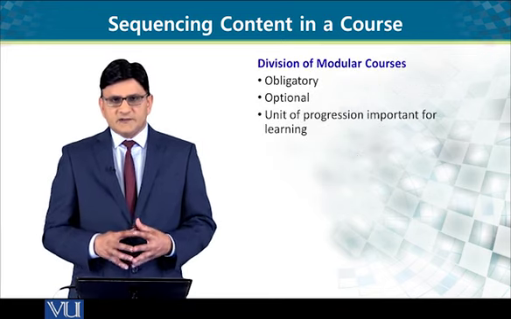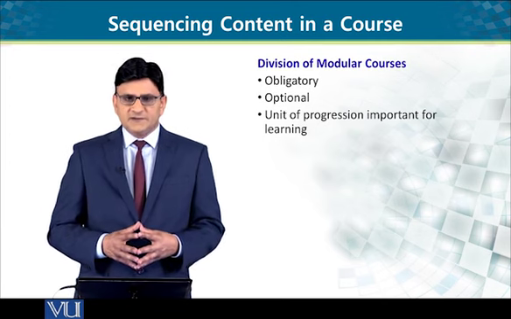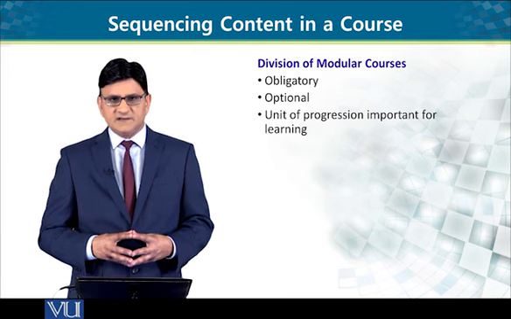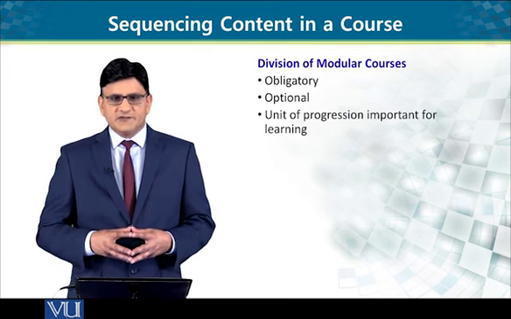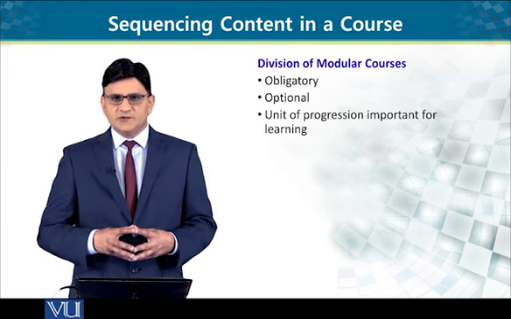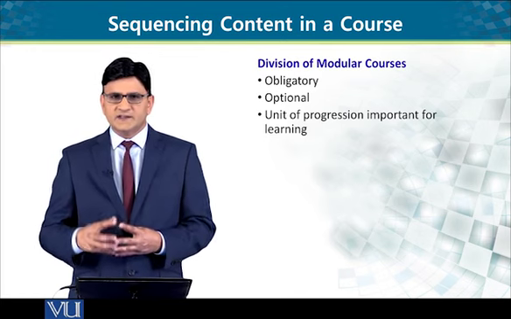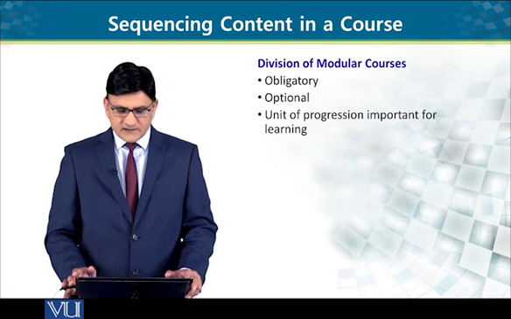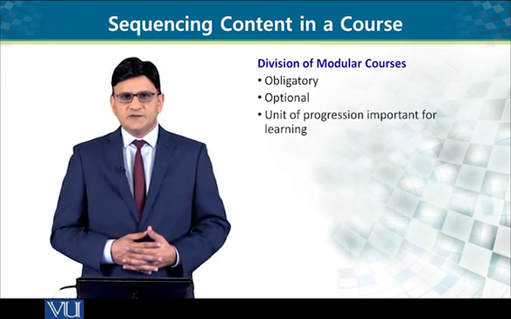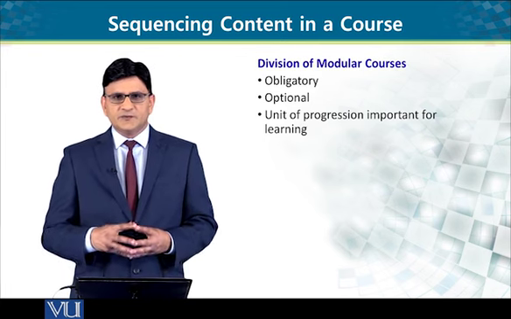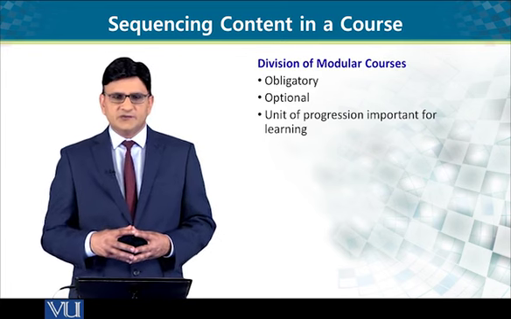So the modular approach, as compared to the linear approach, has been divided into various categories. We've got obligatory modules: there are some modules which are considered to be essential before moving on to the next stage. And then we've got the optional modules, where we could have some choice from a range of modules.